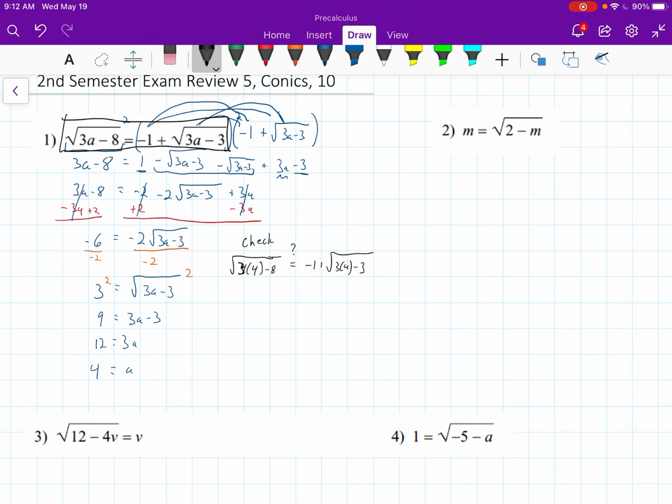Sorry, plus that, not times. So over here on the left, we have 12 minus 8 is 4, the square root of 4, and then negative 1 plus the square root of 3 times 4 is 12, minus 3 is 9, and this is 2. And negative 1 plus 3, it does in fact work, so a equals 4.